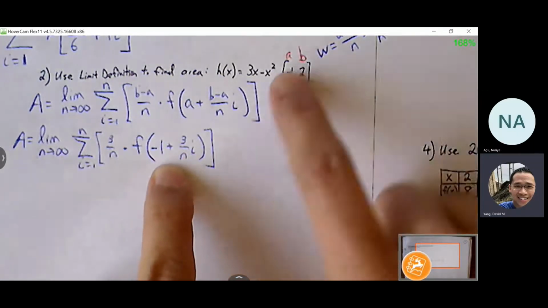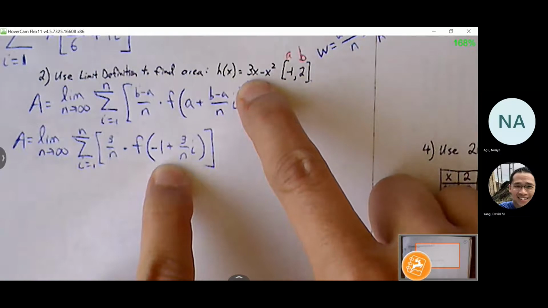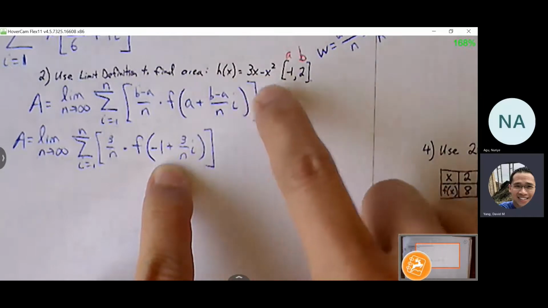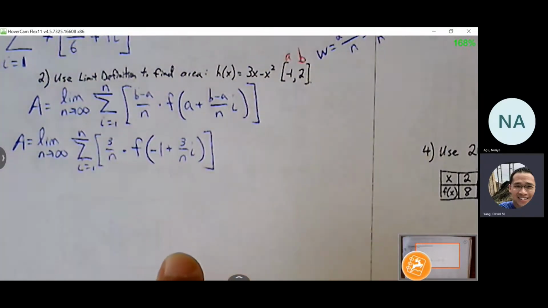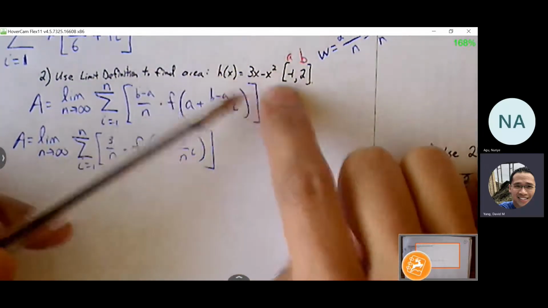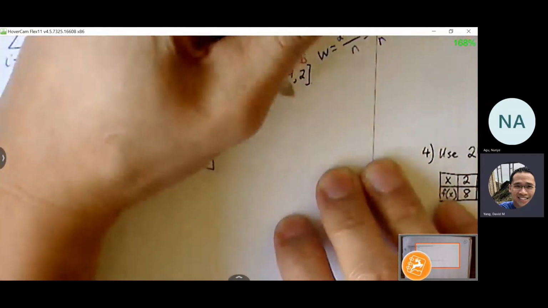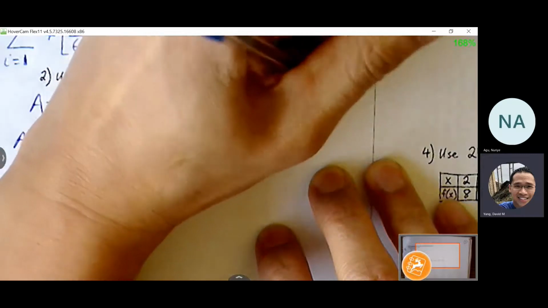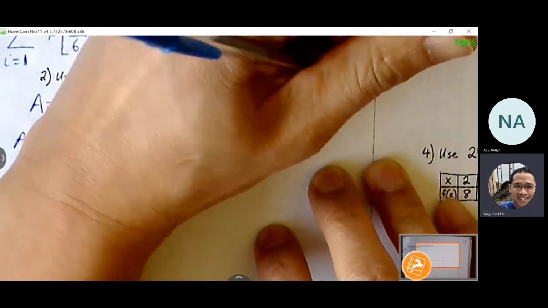So we have a function which is gathering all the y values for our height, right? So this is the specific function that's telling us at every point what the height is at every moment in time. Okay. So I'm going to bring it back in terms of f. So let's say that f of x is 3x minus x squared.